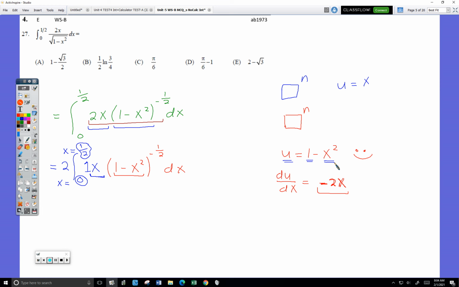You write down, let's see, X is 1/2, so U is equal to 1 subtract, you always replace a variable with parentheses when substituting. So 1/2 squared like that.